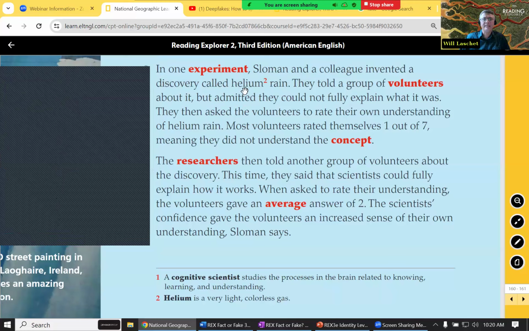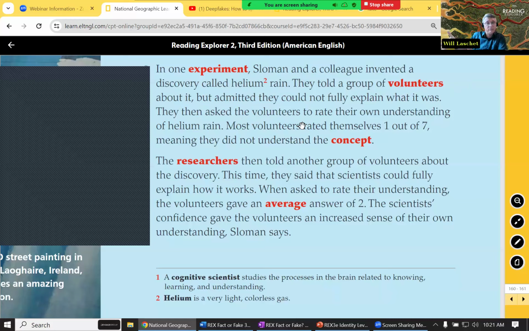So helium is a gas. It's a very light gas that you put into balloons for children, that floats in the air. And it definitely cannot be rain. It cannot turn into rain. Rain is water. Next, they told a group of volunteers. Volunteers are people who have said that they will take part in the experiment. They told these volunteers about the helium rain. But the important bit is that the scientists said, we have this helium rain.